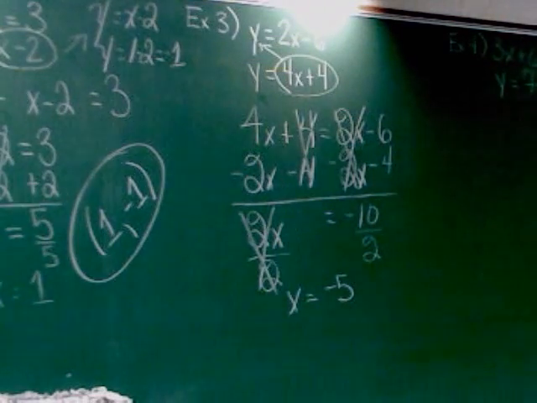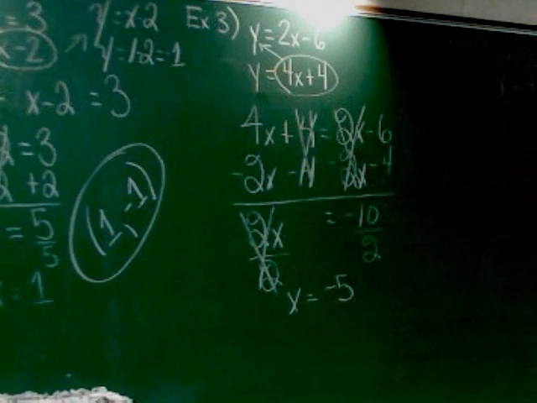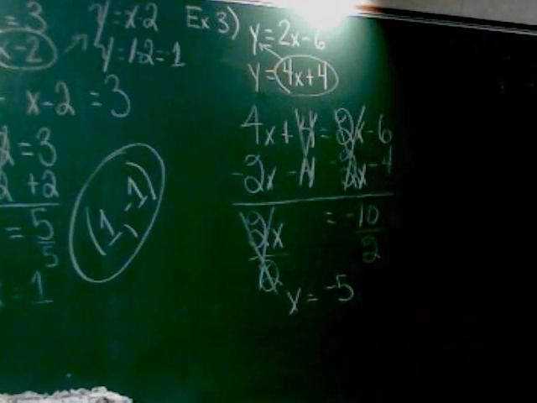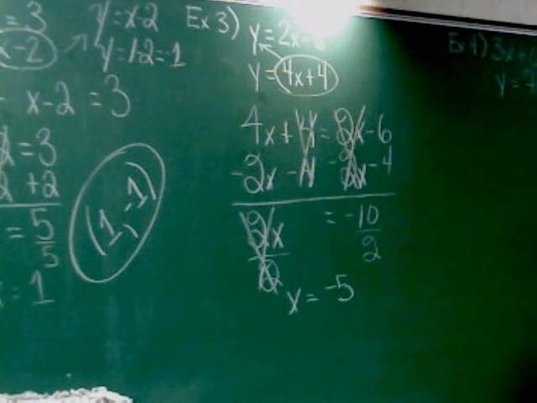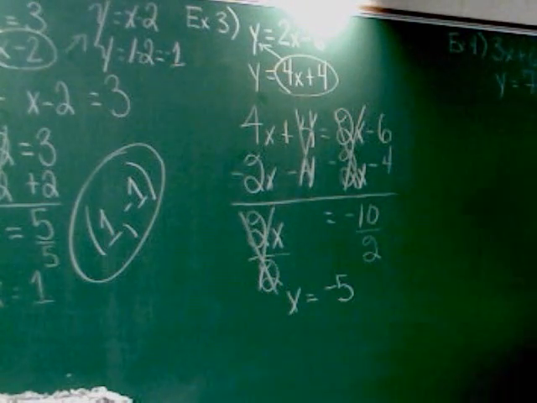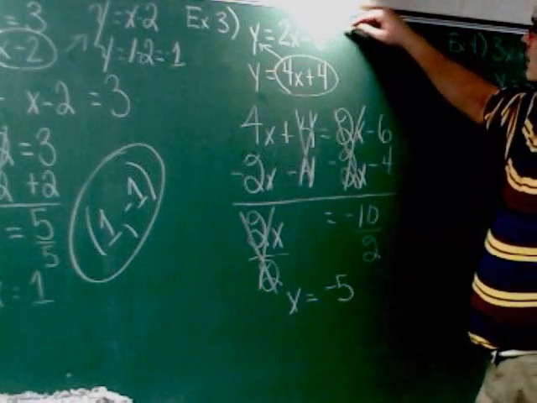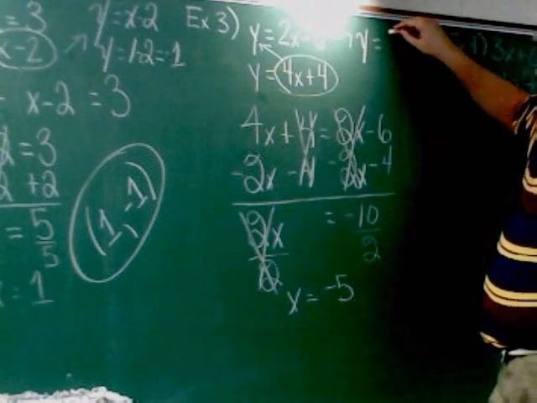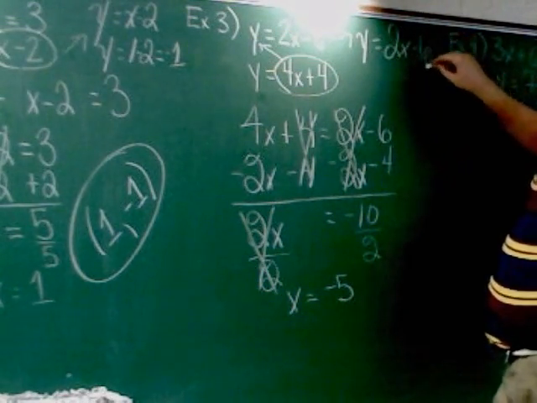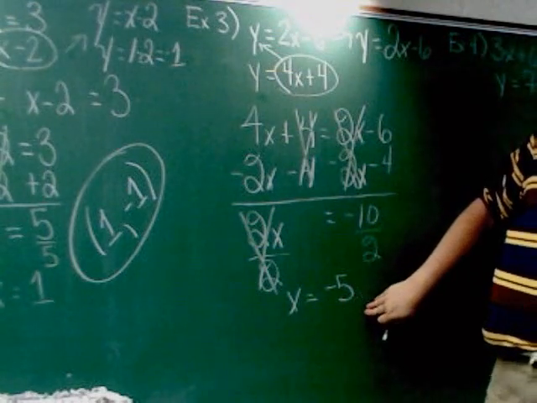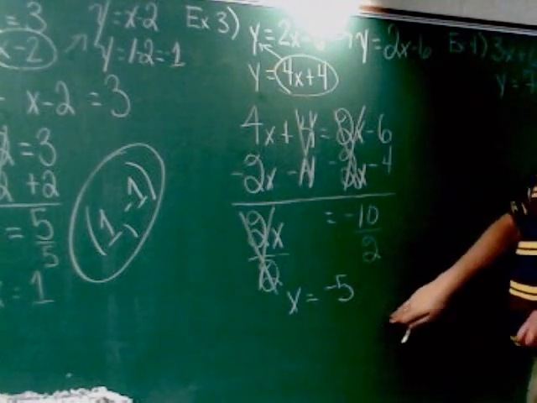Got x. Now I'm going to find y. David, which one do you want to plug x back into? The top equation or the bottom equation? The top? Top, fine. So we've got y equals 2x minus 6. But we learned that x is negative 5.